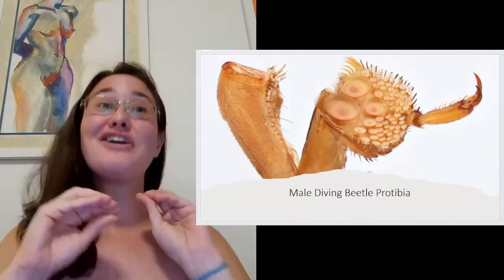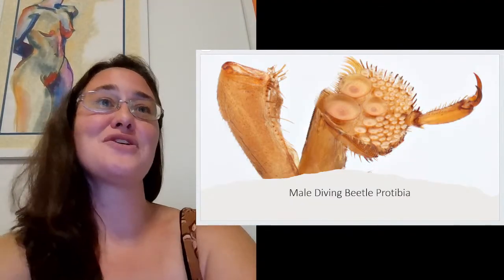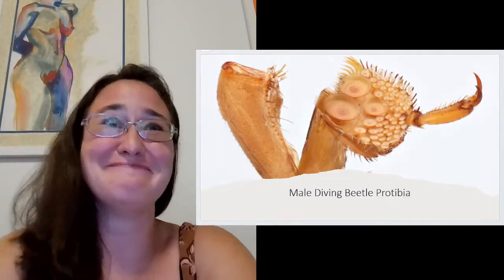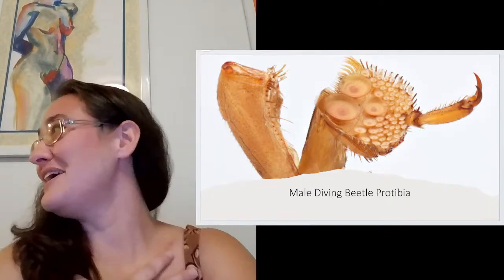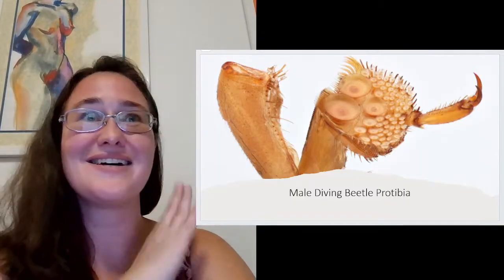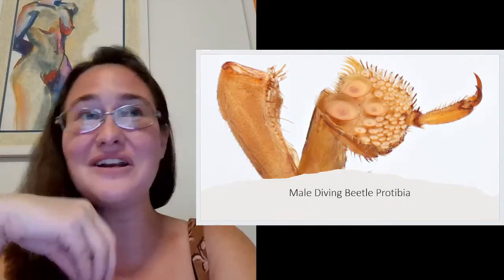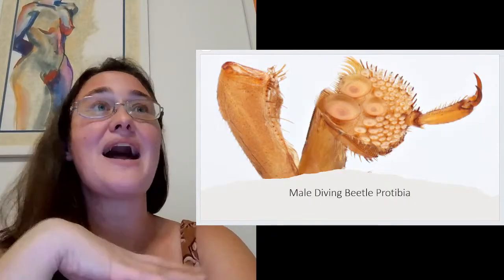And now you all can do what I do, which is sit around in your house and wonder what you would do if you were a female diving beetle. See, for me, I feel like if I was a female diving beetle and I was fighting this, suction cups on suction cups on suction cups, I wouldn't go for more grooves.